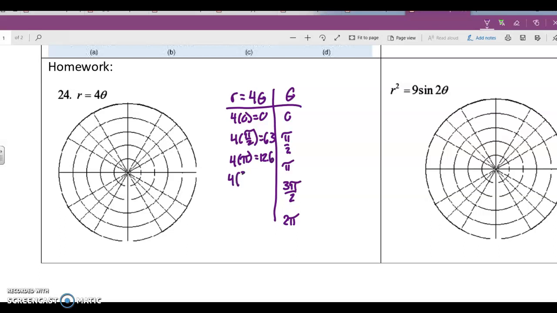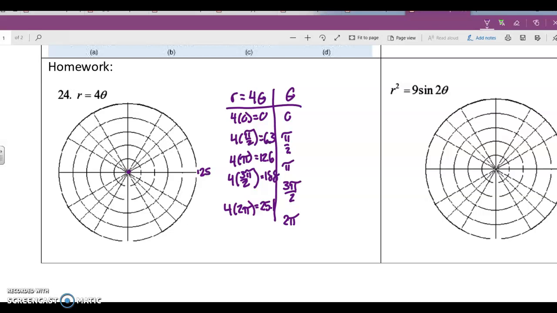4 times 3 pi over 2 is equal to 18.8. This is getting a little bit cramped. And then 2 pi, 4 times 2 pi is equal to 25.1. So we're going to say that each one of these lines is 5, so they go out to 25 right here. Okay? So we start off at 0, 0.